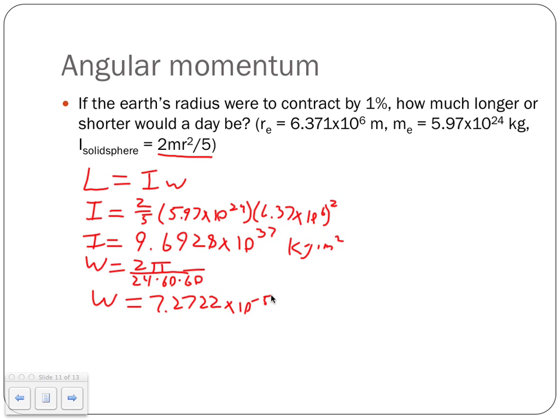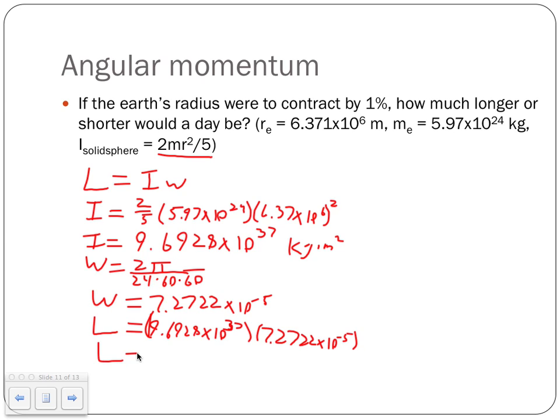So we can find the angular momentum of the Earth to start with. The current angular momentum of the Earth, what it is right now, would be the product of these two: 9.6928 times 10 to the 37th times the angular velocity, 7.2722 times 10 to the negative fifth radians per second.